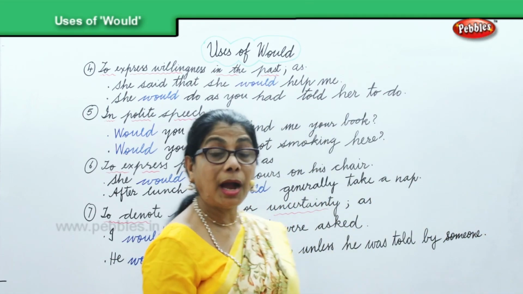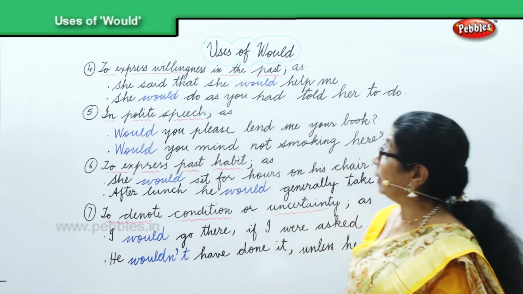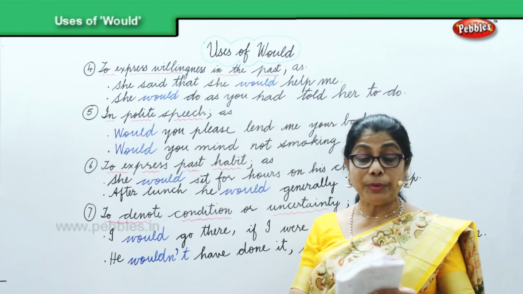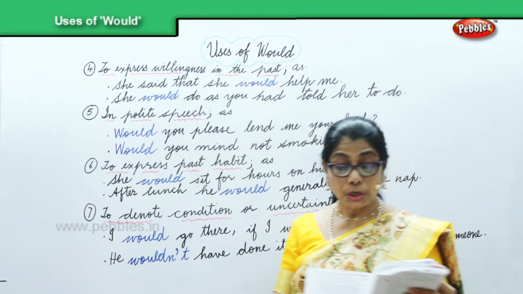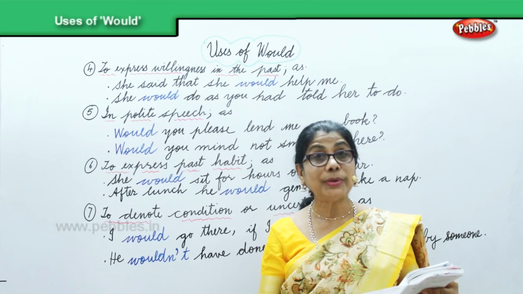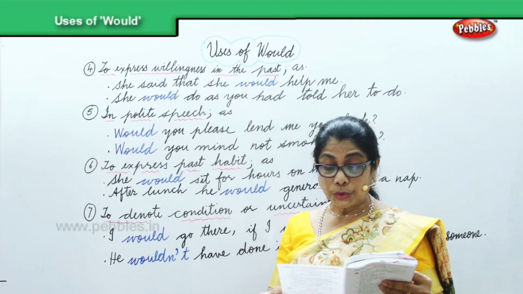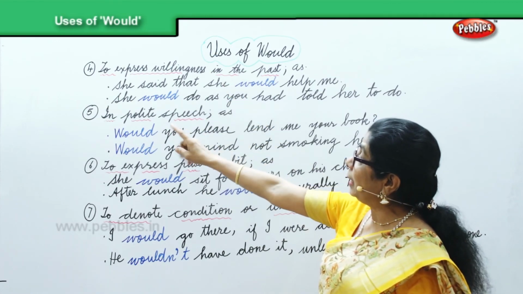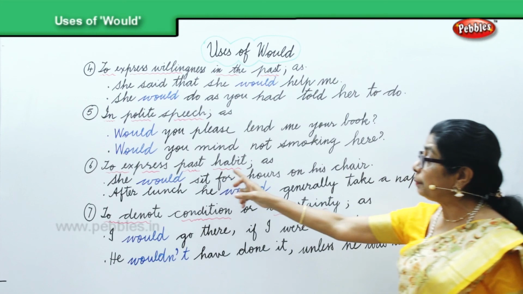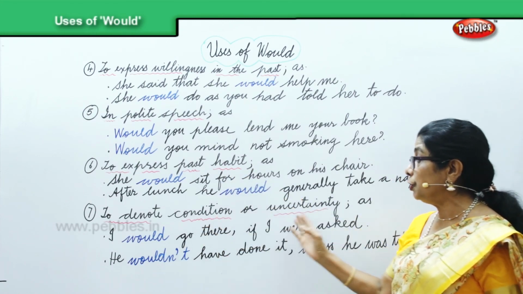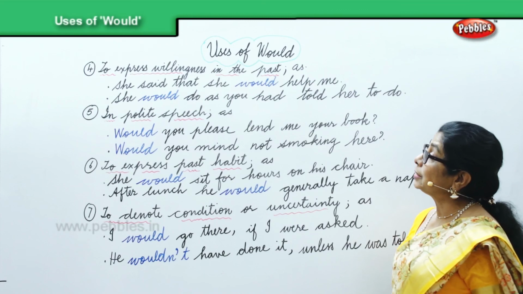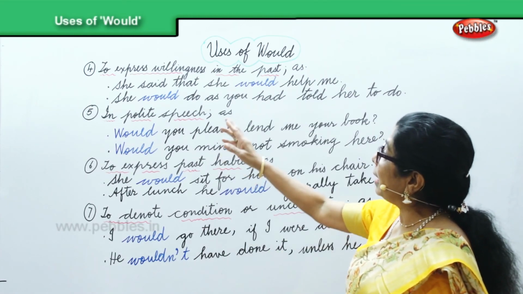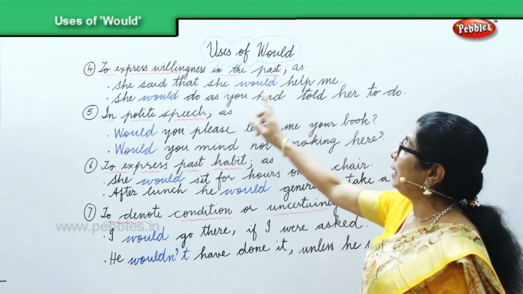So how many categories have we got? There are altogether seven categories, the uses of would. First, to express a wish; to indicate refusal; to express determination; to express willingness; in polite speech; to express past habit; to denote condition or uncertainty. To express willingness: she said that she would help me.